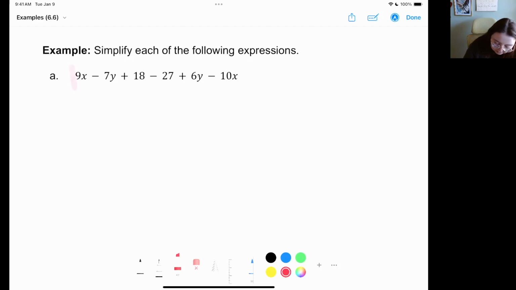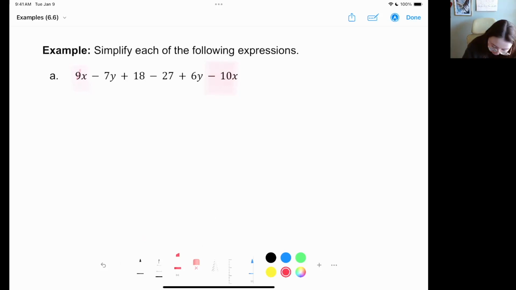So starting off just at the beginning here, we have 9x. And so we want to find something that will match our 9x there. And so we go down our list and we have negative 7y, 18, negative 27, 6y, and negative 10x there. So negative 10x will be included there.